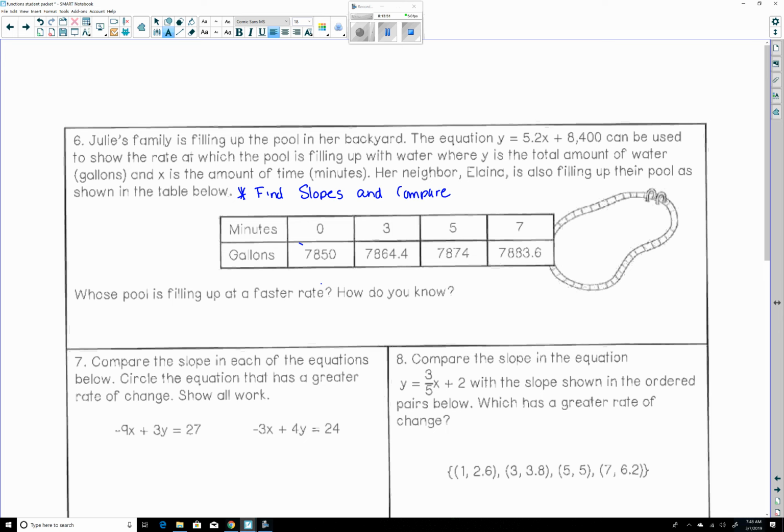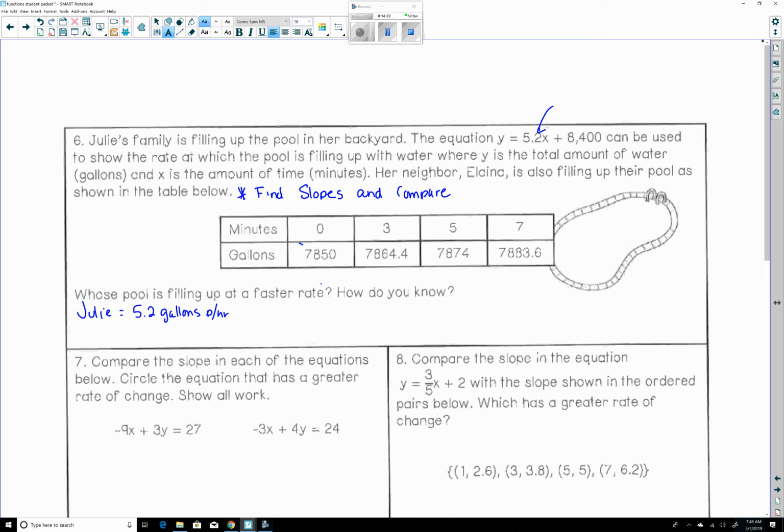Okay. So finding the slope for Julie is pretty easy. For Julie, right here, 5.2 gallons per hour. Okay. For Elena, we have got to either do the slope formula, or figure out the change in y over the change in x.